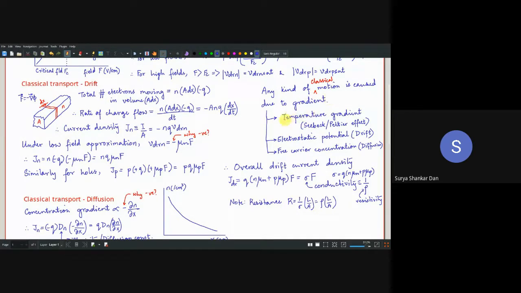So one of the transports that we had seen in our last lecture was because of a temperature gradient. What happened in a temperature gradient? We had two different materials, and we are keeping one at 0 degrees Celsius and the other at 100 degrees Celsius, or anything.